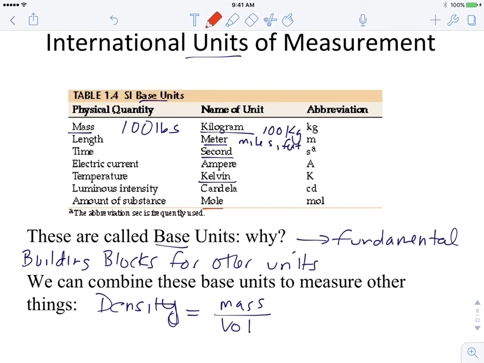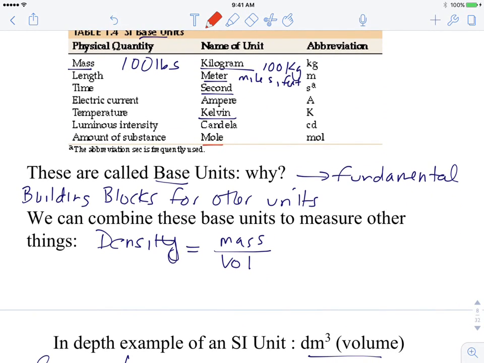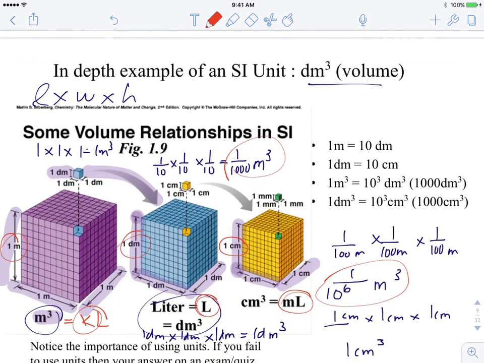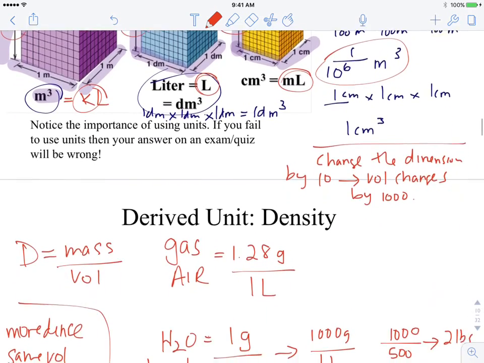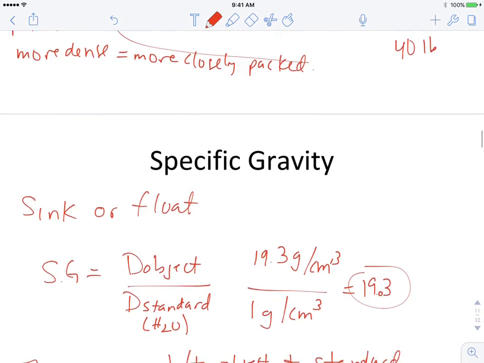We're going to do a lot with moles. We called them base units. And then we also talked about how you can combine them to make a derived unit. One derived unit is volume. But there are other derived units such as density. And we can also use specific gravity.